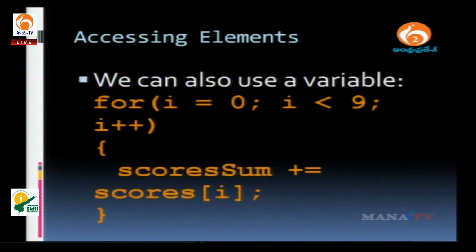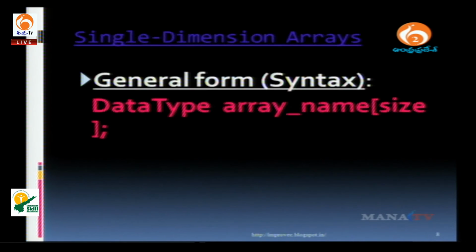For accessing the array, we have to use a for loop. If it is a single 1D array, we use one for loop. If it is a two dimensional array, we have to go for nested looping. These are the ways of accessing arrays. Look here, the syntax to declare an array: first we write the data type, then the array name, and the size should be mentioned.